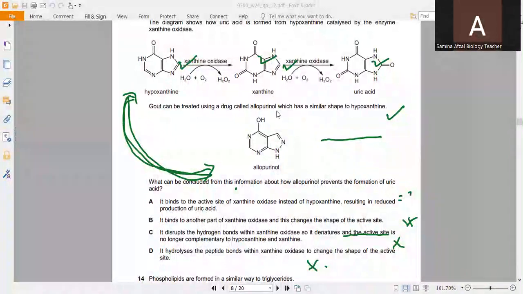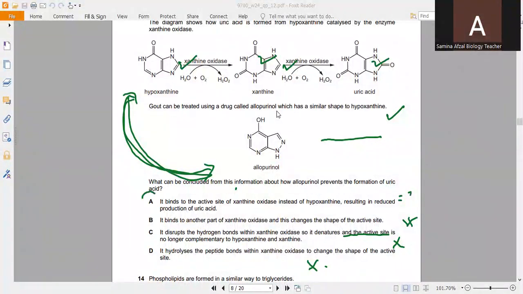Again, this is incorrect because hydrolyzing peptide bonds means breaking down the enzyme's protein structure. This is also a form of denaturation, and it is far more destructive than the action of allopurinol. So it is not the correct option.